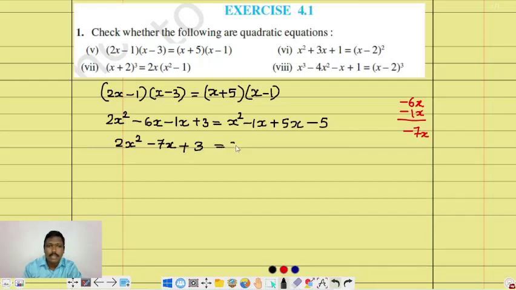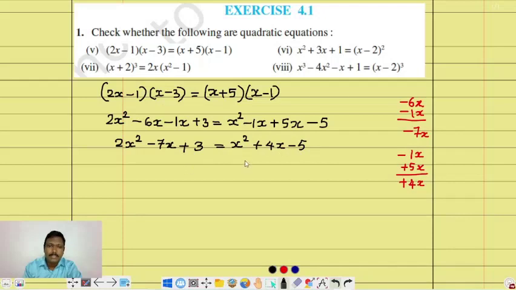here also we have to add: minus 1x plus 5x. Positive and negative you have to add, so take the difference. Difference is 4x, and the bigger number's sign is plus, so it will be plus 4x minus 5.